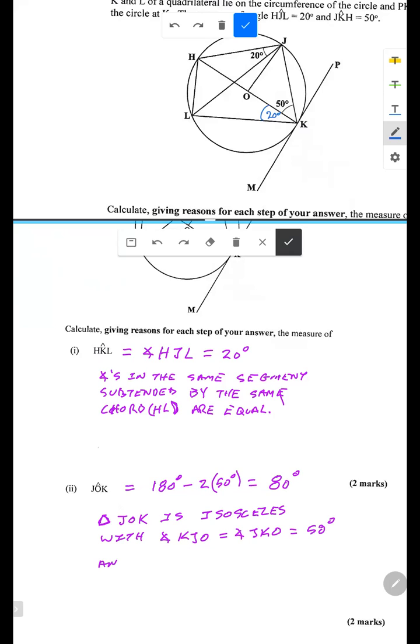And we also know that the total angle in triangle JOK is 180 degrees. That's the reason. So let's put it on the diagram. This angle up here is 50, and the total angle is 180. So this angle is 80. All right, so far so good.